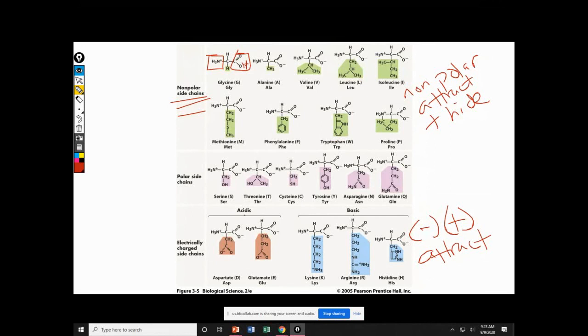We had a question in the chat really quick. They asked, will an R group always be referred to as an R group, or can there be a different name? They'll be referred to as R groups or side chains, and that's it. Another question was, do all amino acids have nitrogen? All amino acids do have a nitrogen. They always have that amino group, yes. That's always their left wing.